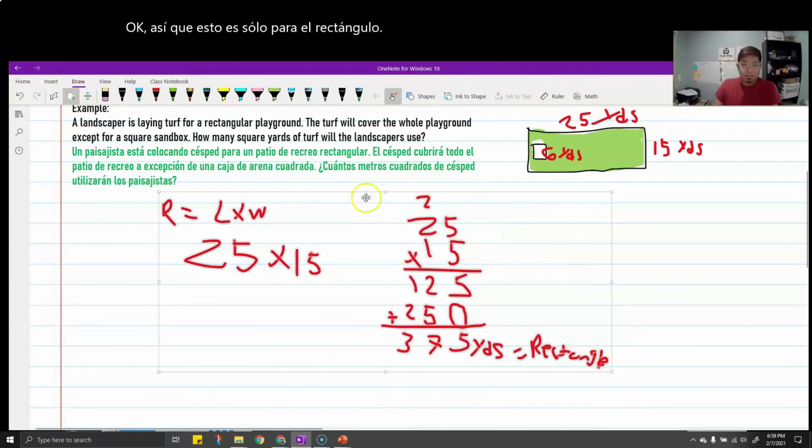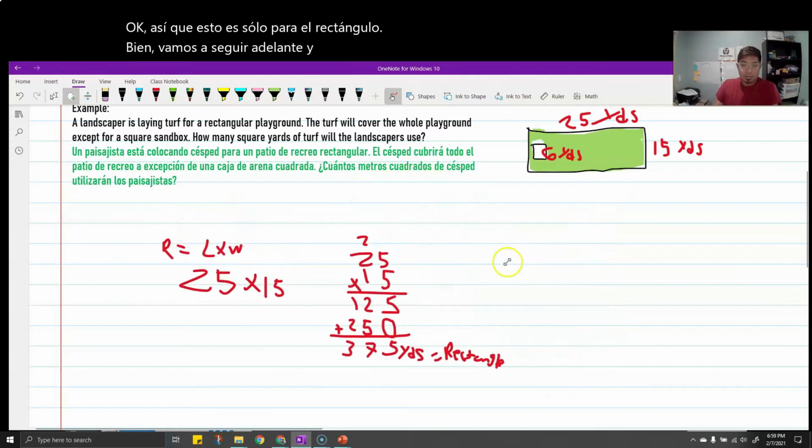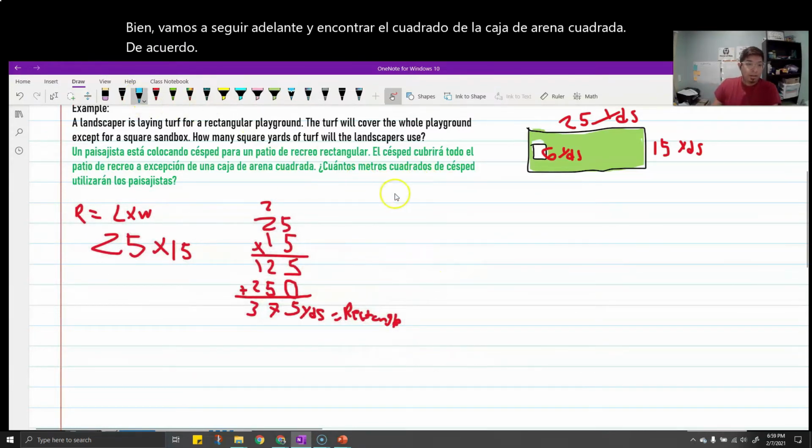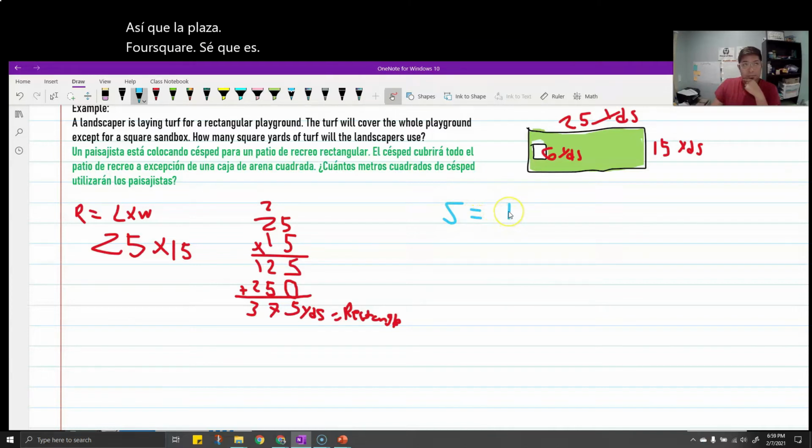Okay, so let's go ahead and find the area of the square sandbox. For a square it's side times side, or 6 times 6.